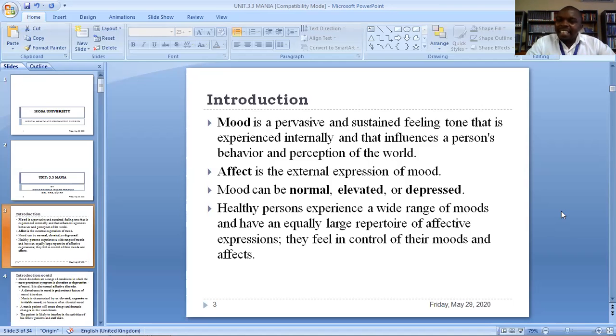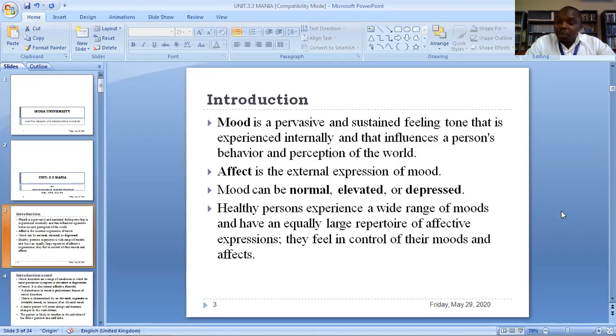But there are others whose mood is incongruent to the affect. For example, someone inside is angry, but they are smiling to the outside world. They are misrepresenting their internal feeling. That's what we mean, that their mood is incongruent to their affect.